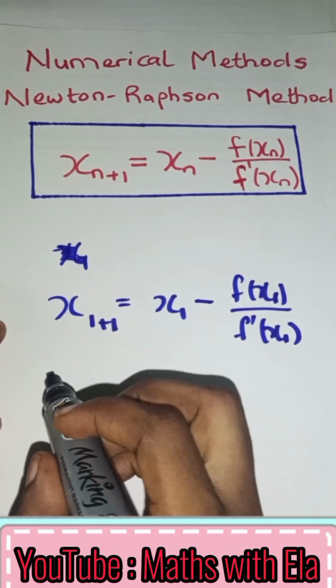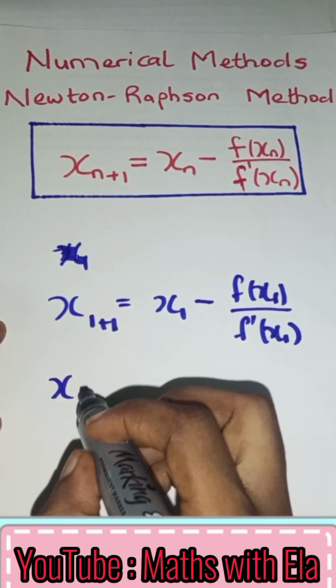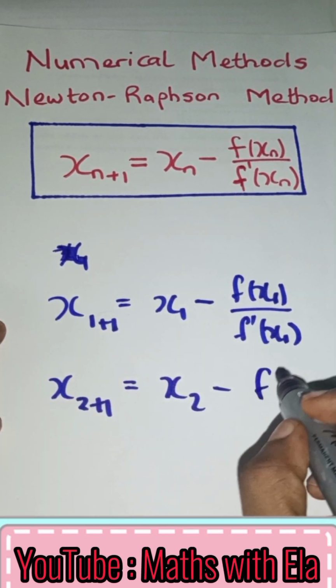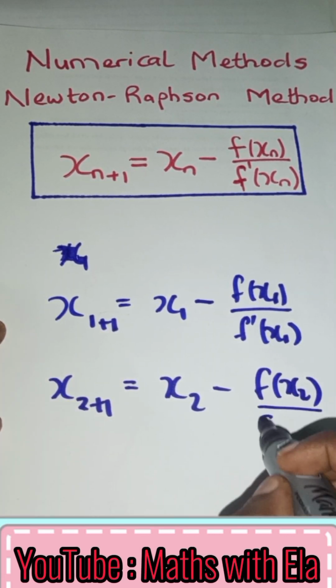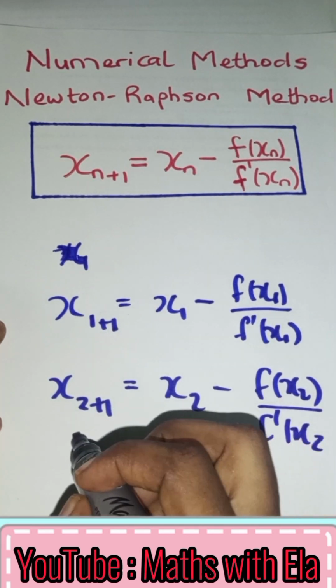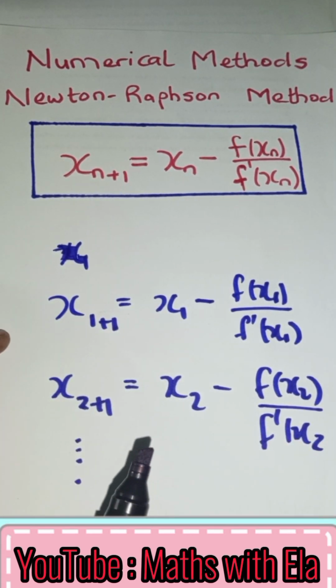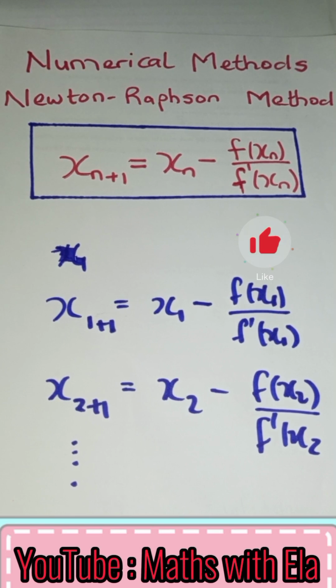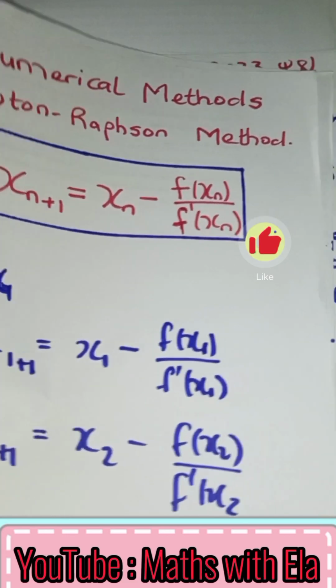Using x2, we can obtain x3, that will be x(2+1), which is x2 minus f(x2) over f'(x2), and so on until we get the required precision of approximation which the question requires from us. This is how we can use the Newton-Raphson method to approximate the root of an equation. Now let us illustrate this using an example.